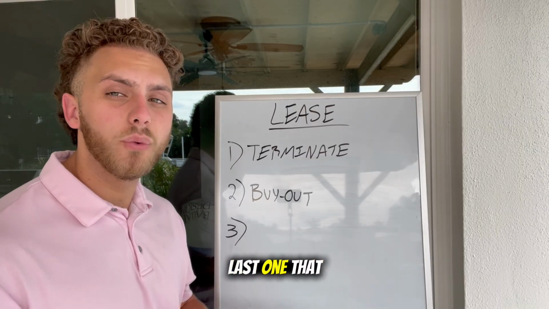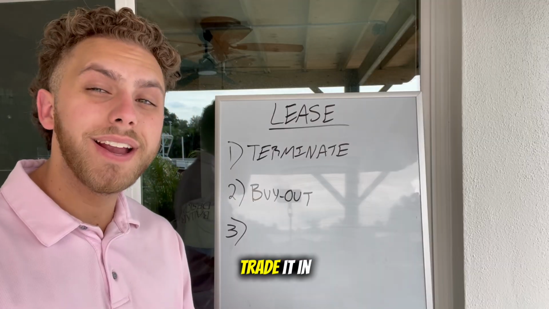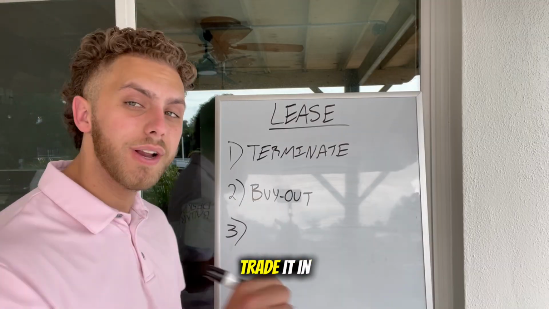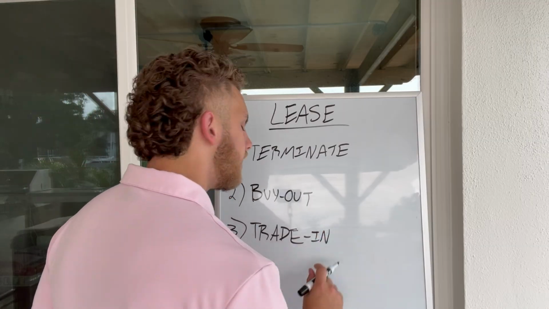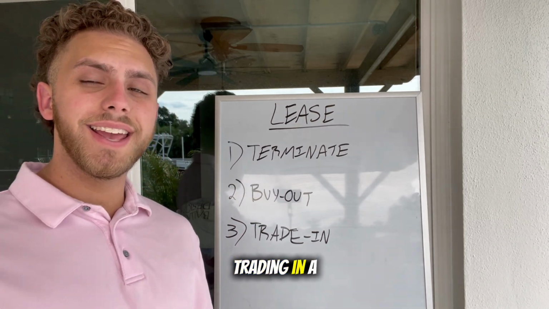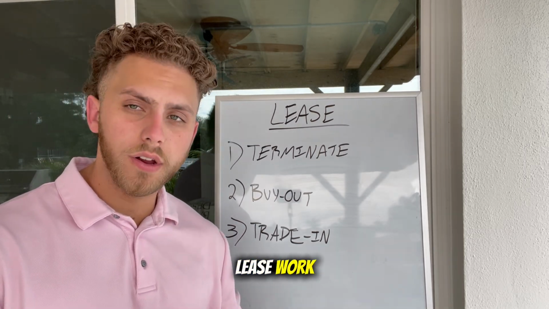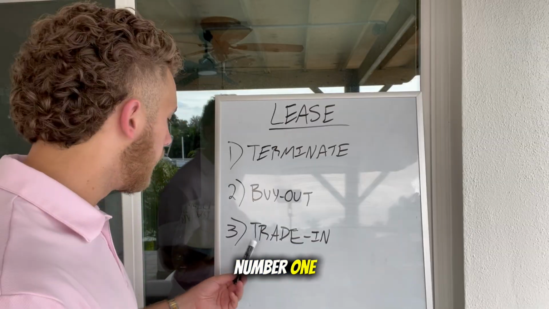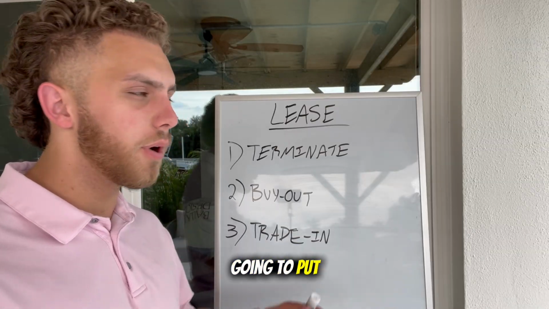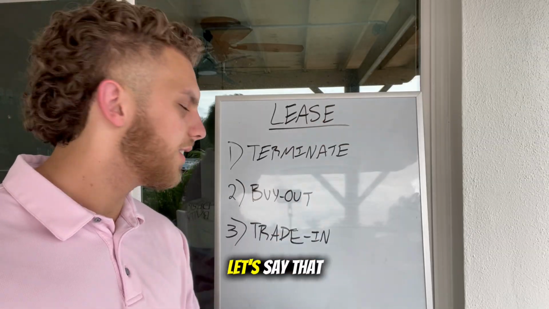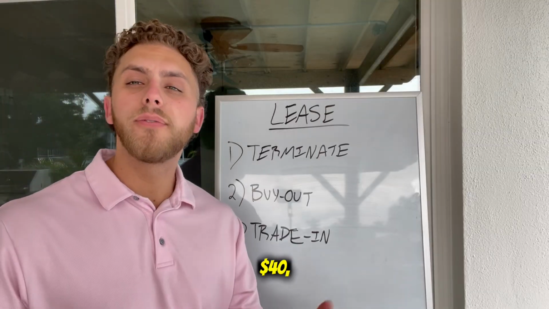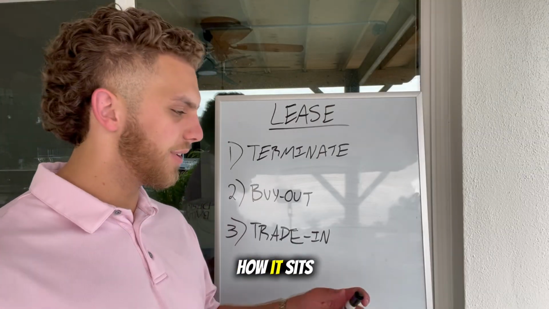What is the last one that you can do? Trade it in. Yes, you can trade it in. Now, how does trading in a lease work? There are a couple of different ways. Number one, the dealership is going to put a valuation on your car. Let's say that it is worth $40,000, just like a normal trade.